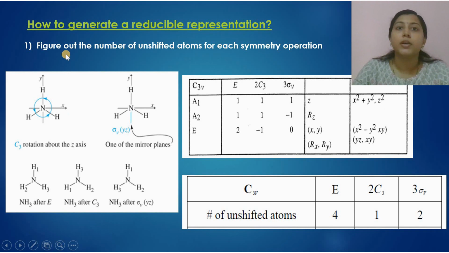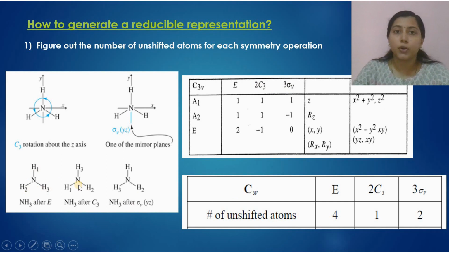The first step is to figure out the number of unshifted atoms for each symmetry operation. This is the C3V character table. The symmetry elements are identity, C3 and sigma V. So during an identity operation, all the 4 atoms, 1 nitrogen and 3 hydrogen atoms, will remain unshifted, and hence the number of unshifted atoms is 4.